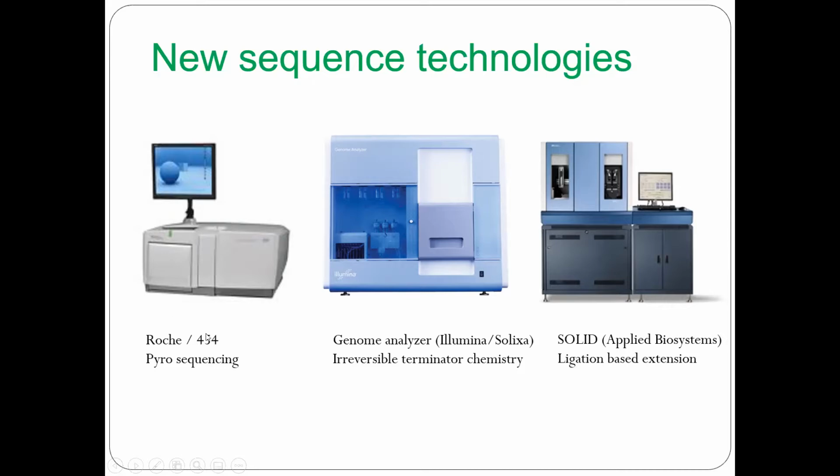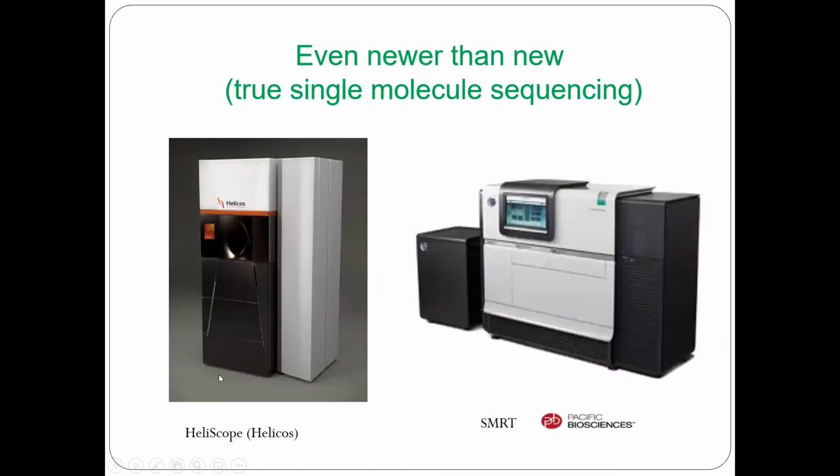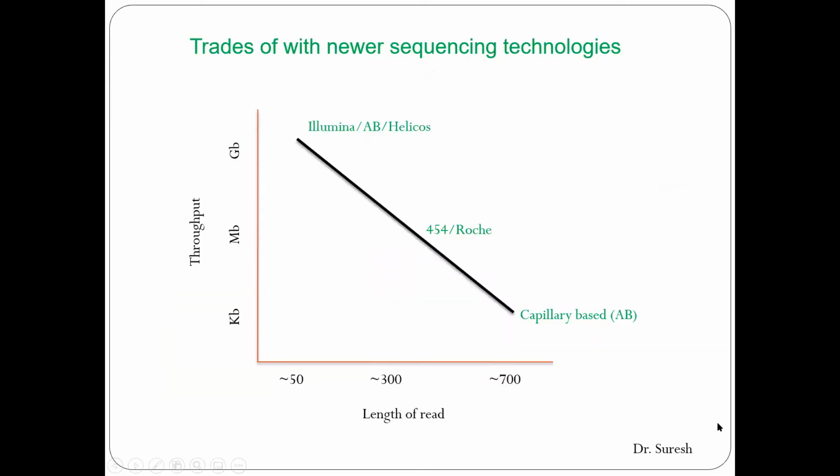This is a Roche machine which uses pyrosequencing, entirely different from Illumina sequencing. So we will understand what pyro is today. And we do have Heliscope, Helicos technology, and SMRT by Pacific Biosciences. At present, this is also getting popular.